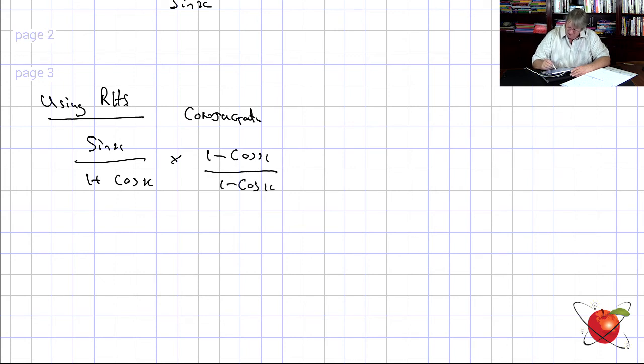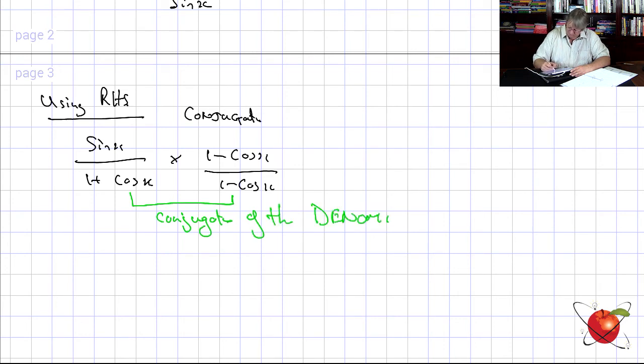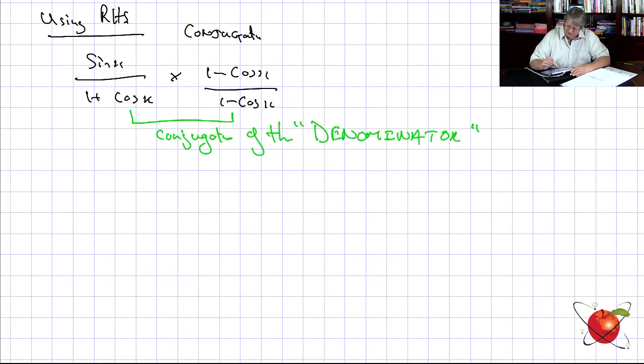Just to reiterate, this is the conjugate of the denominator. We always use the conjugate of the denominator, because we want to put that into something that's essentially the sum of two squares.